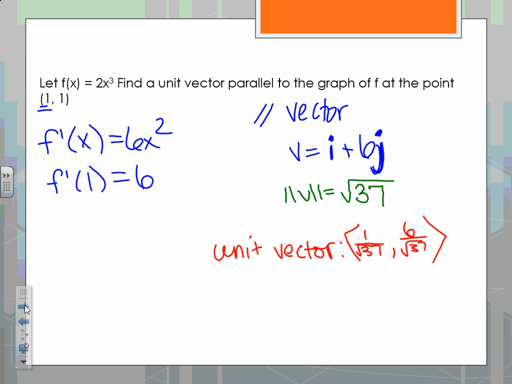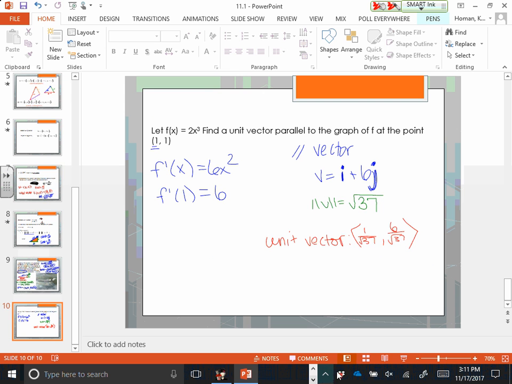Now, if I ask for a normal vector, perpendicular, then that's when we would have the 6, 1.